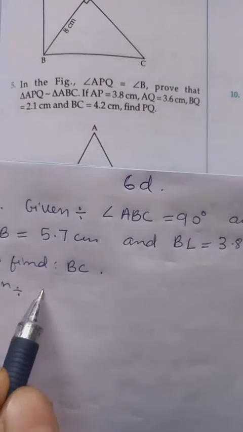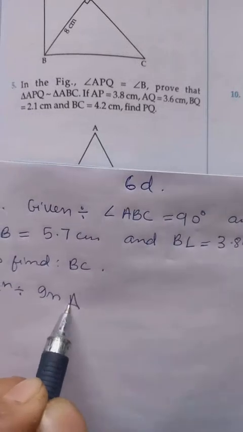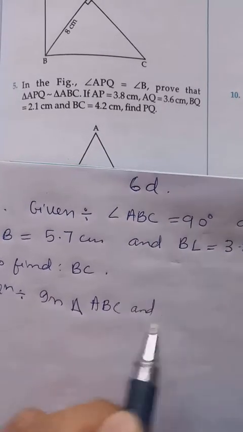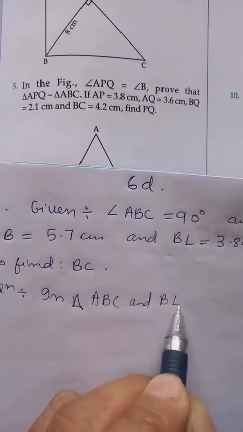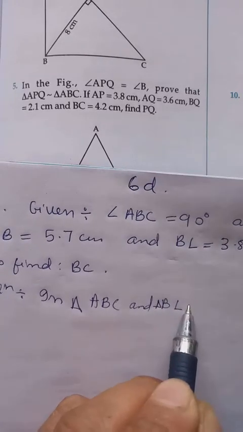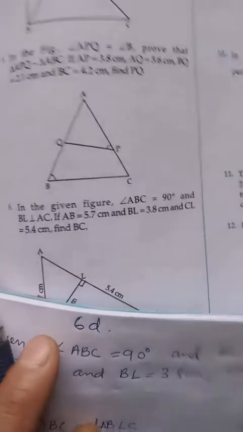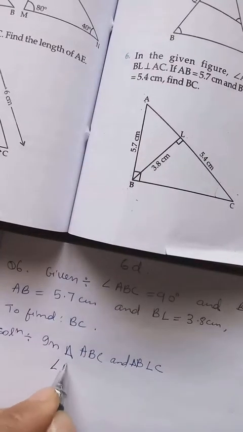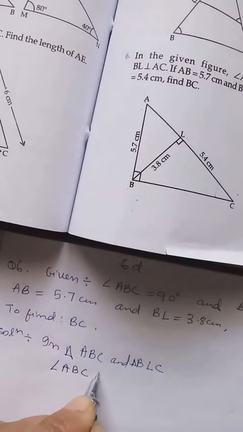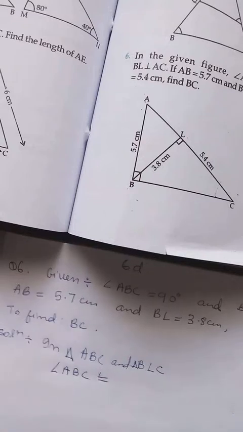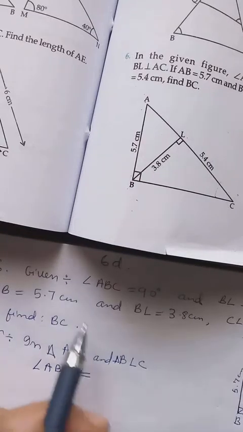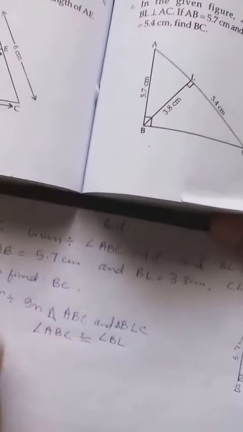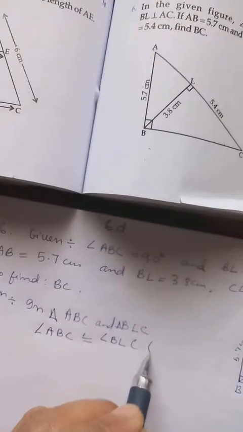So let us see in big triangle ABC and small triangle BLC. If we look from the figure, we get angle ABC already given to be 90 degrees, and they also give us that BL is perpendicular to LC, which means angle BLC is also equal to 90 degrees.